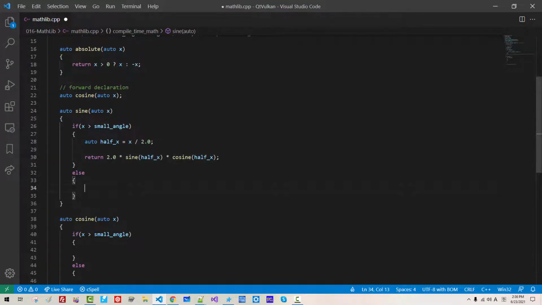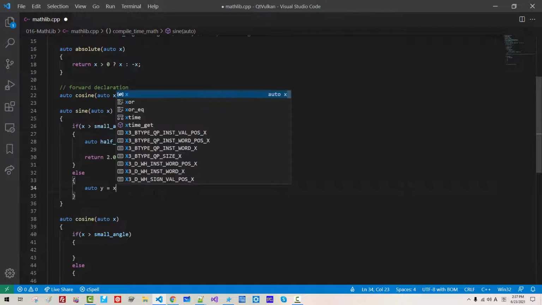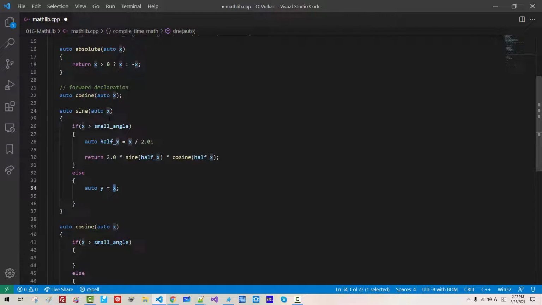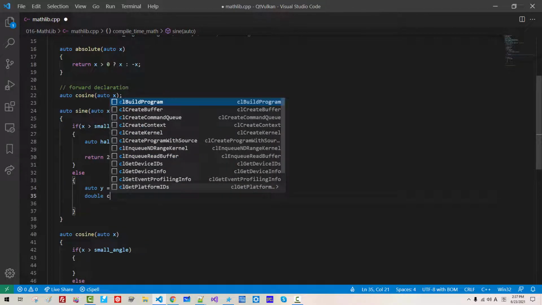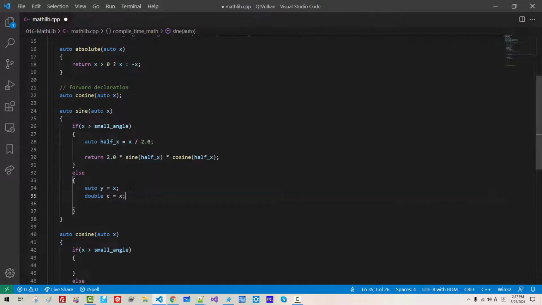Now, here auto y, x is our angle. Double c is x, double xx equals minus x times x, minus x squared.